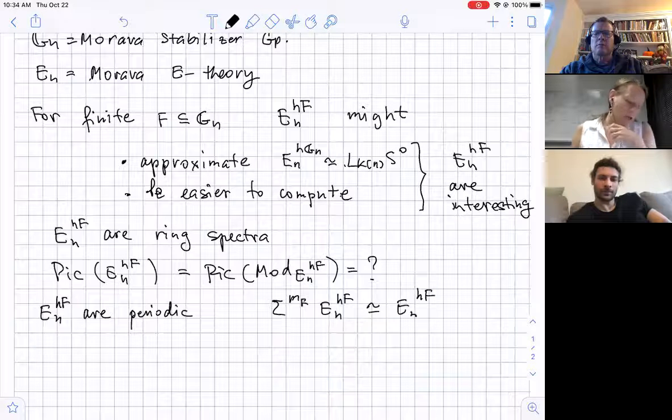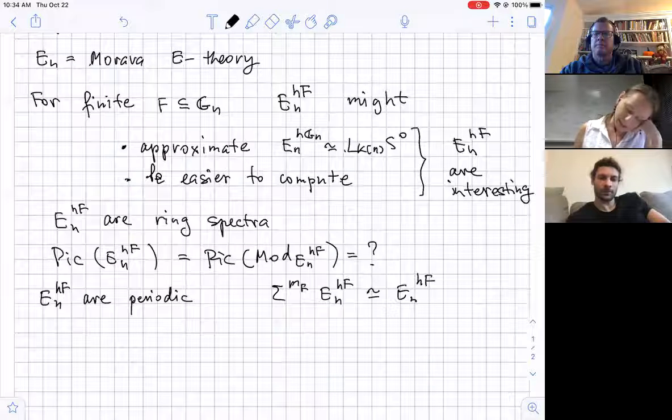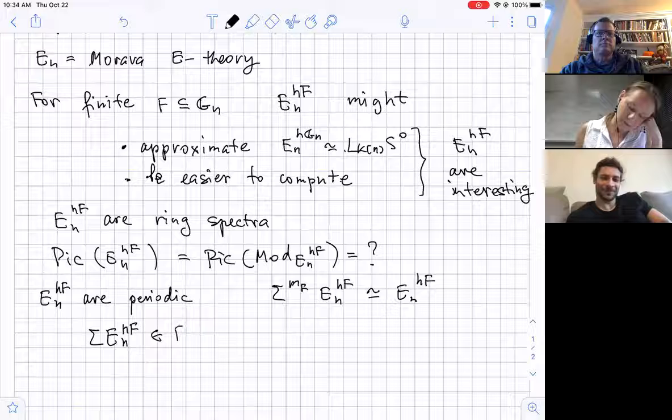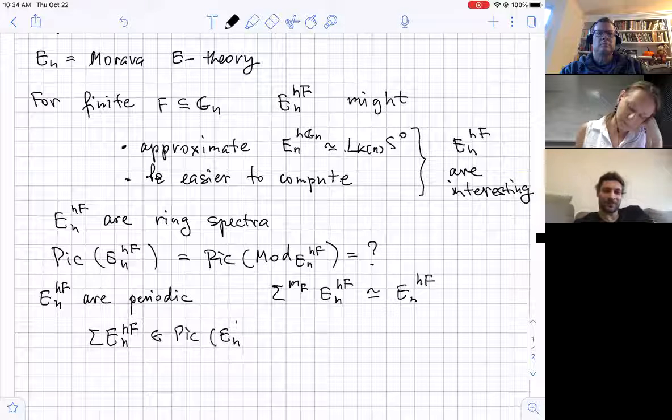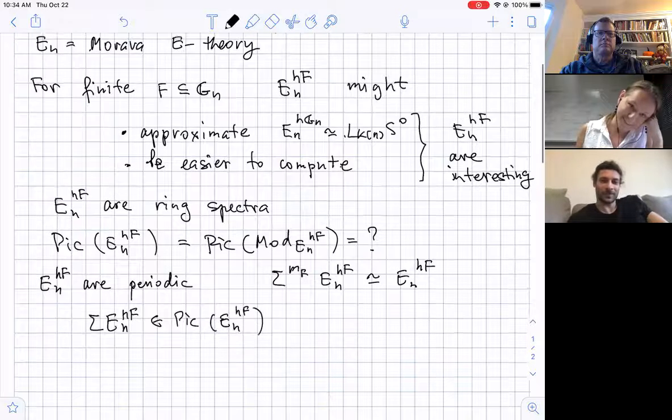So if I take a suspension, that's an element of Pic. It's invertible because suspension is invertible.